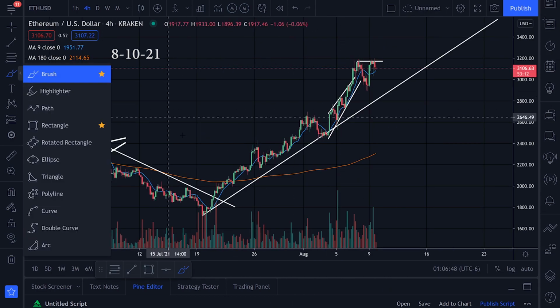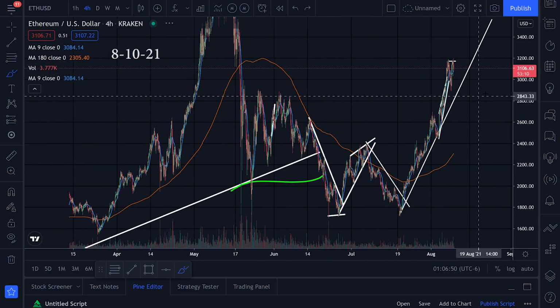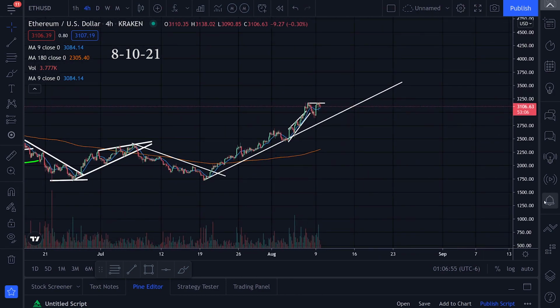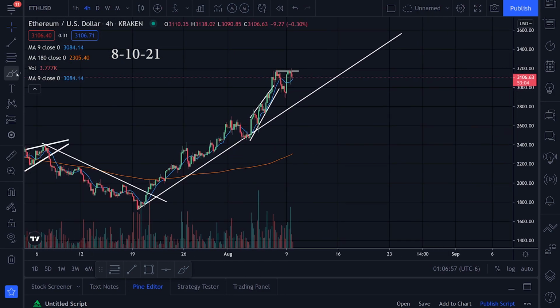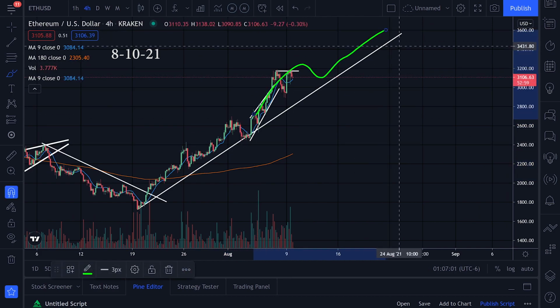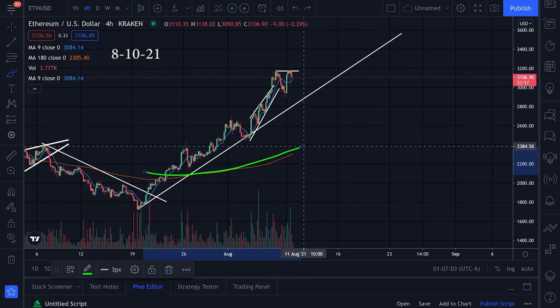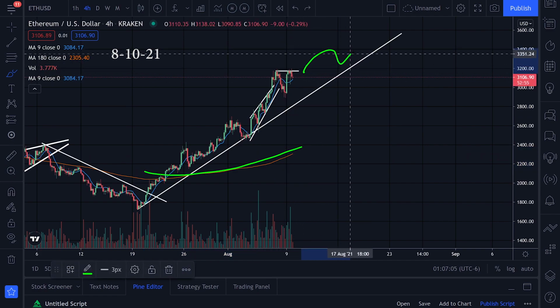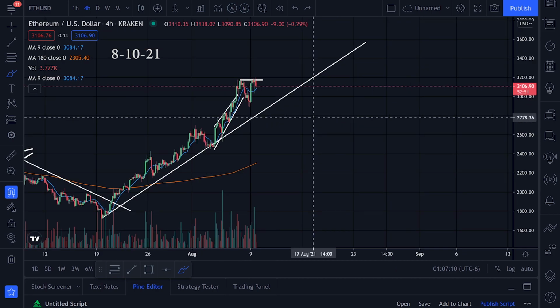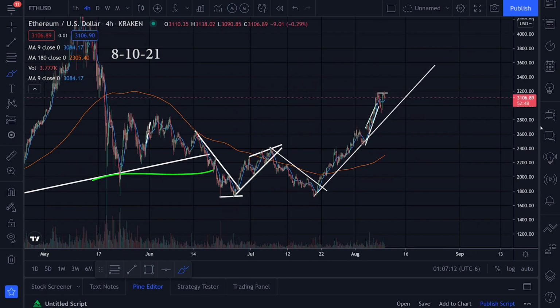Let me zoom out a little bit. Until we break this uptrend going to the downside, then I'm assuming that we're going up. The 180 moving average is far below us right now, so it's possible that we have to come back down and retest it, but like I said, things are looking pretty bullish.